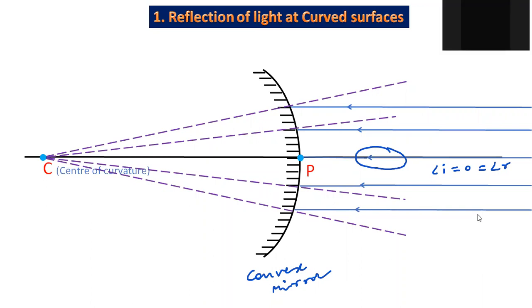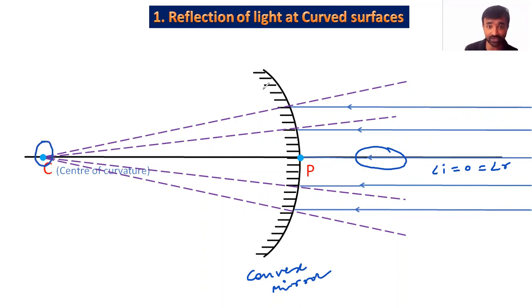No one raised a hand. Right. So here, see, simply the line which is joining the center of curvature and the point of incidence. Is it clear? The line which is passing through the center of curvature and the point of incidence, that we can call the normal. Normals, as many as you can draw, infinity, right? So that we can call the normal.